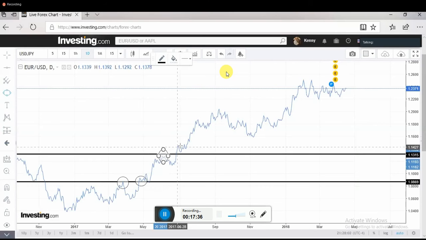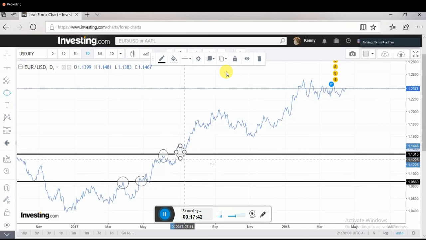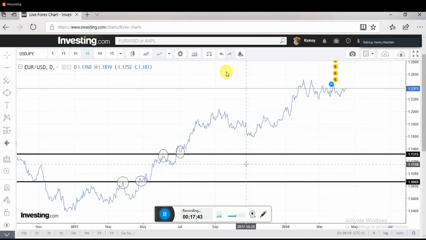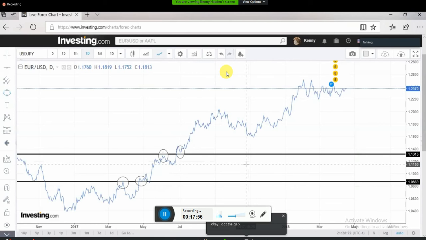Got it. Now the gap should be somewhat evenly spaced apart. You don't want one overpowering the other. My line may not be exactly straight in there, but that's the idea of what the gap would look like.